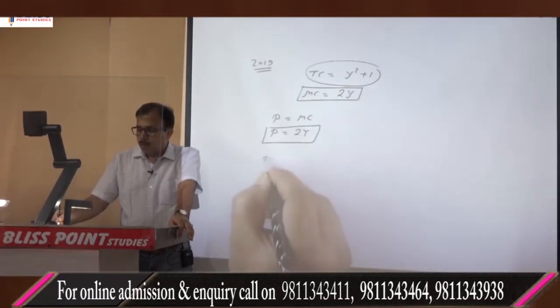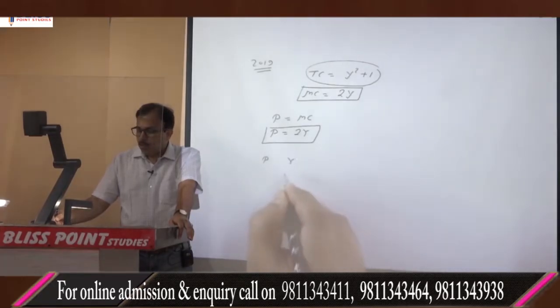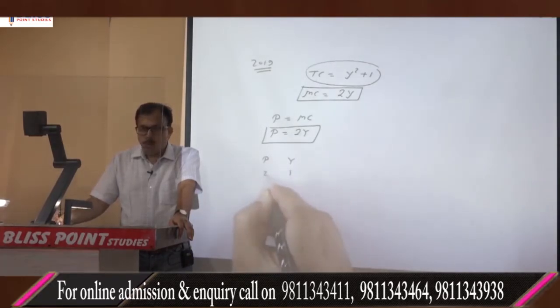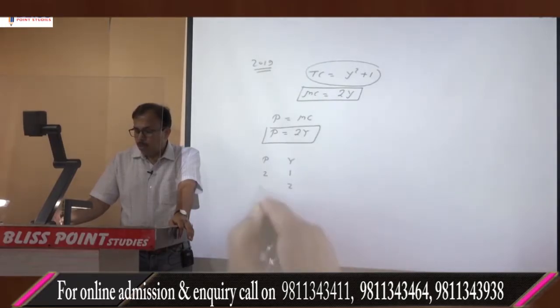That means if you make a column of price and output, so if output will be 1 then price will be 2, if output is 2 then price will be 4, if output is 3 price will be 6.